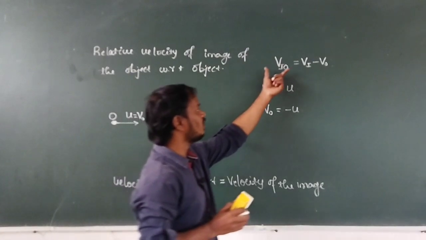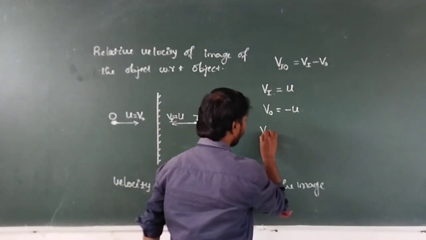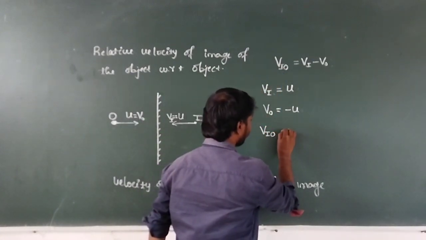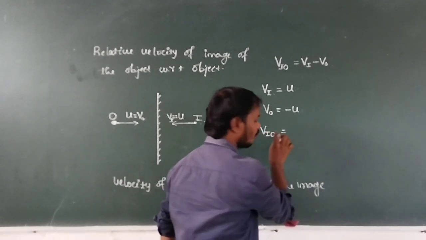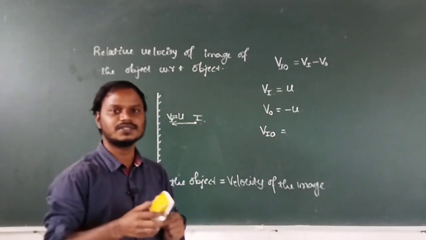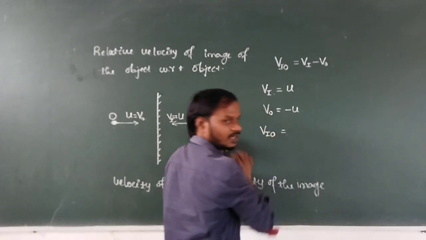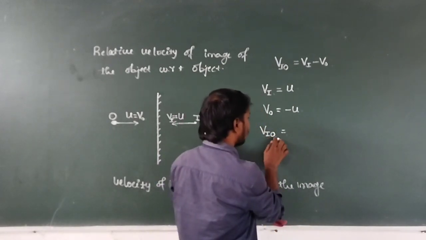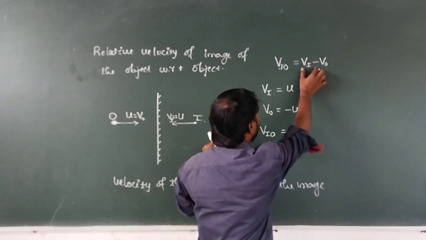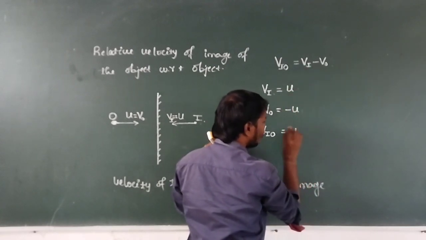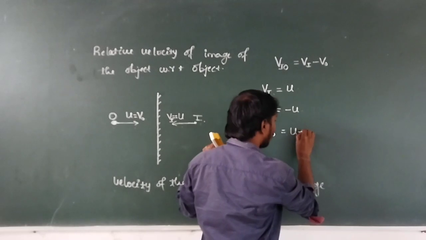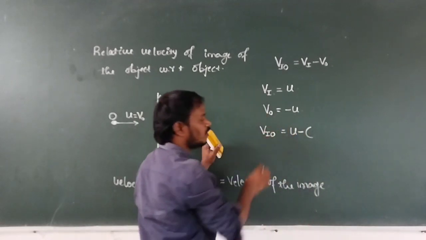Then by using this formula, what is V_IO? It is the velocity of the image with respect to the object. V_I is nothing but u. Then minus of the velocity of the object.